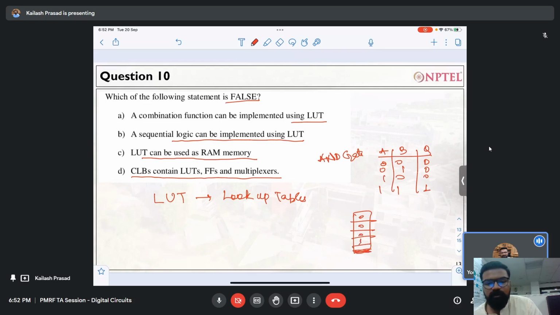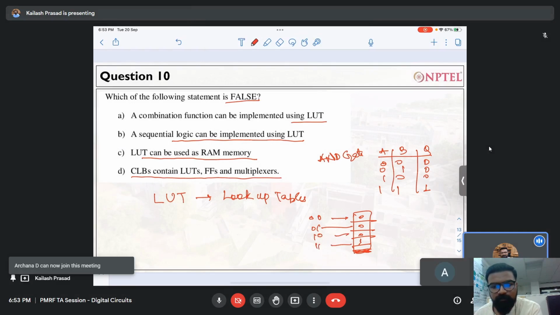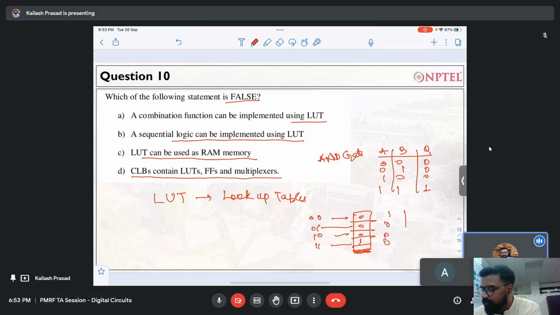Whenever I want to implement an AND function, I write 0001, such that for 00 I get 0, for 01 I get 0, for 10 I get 0, and for 11 I get 1. But instead of 0001, if I write 1000, it will be a NOR gate.